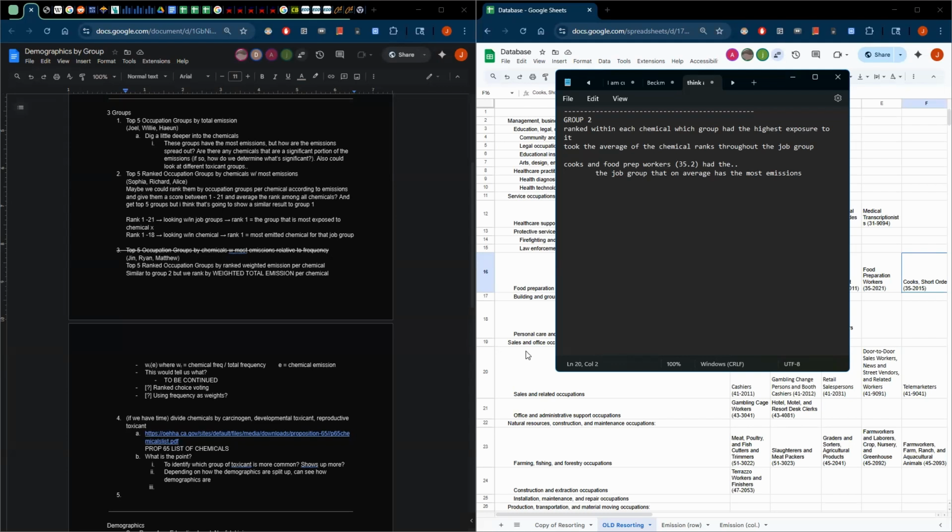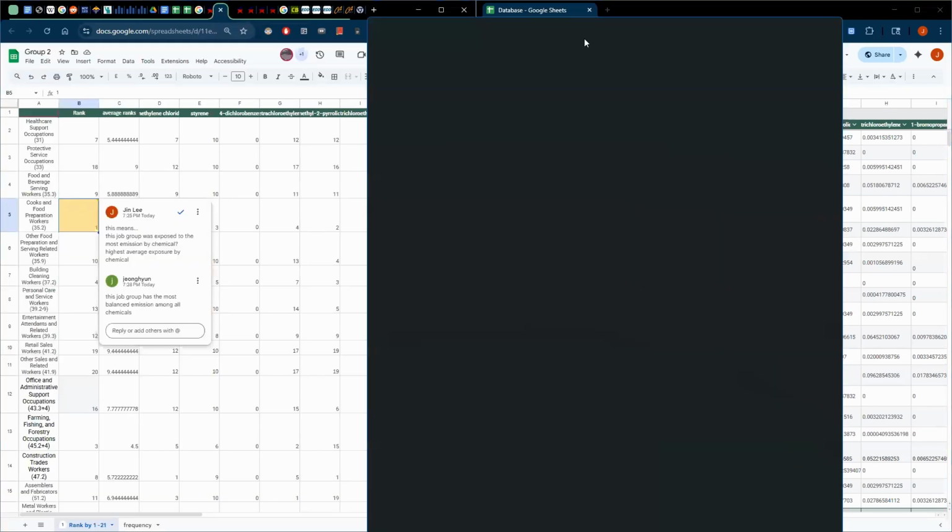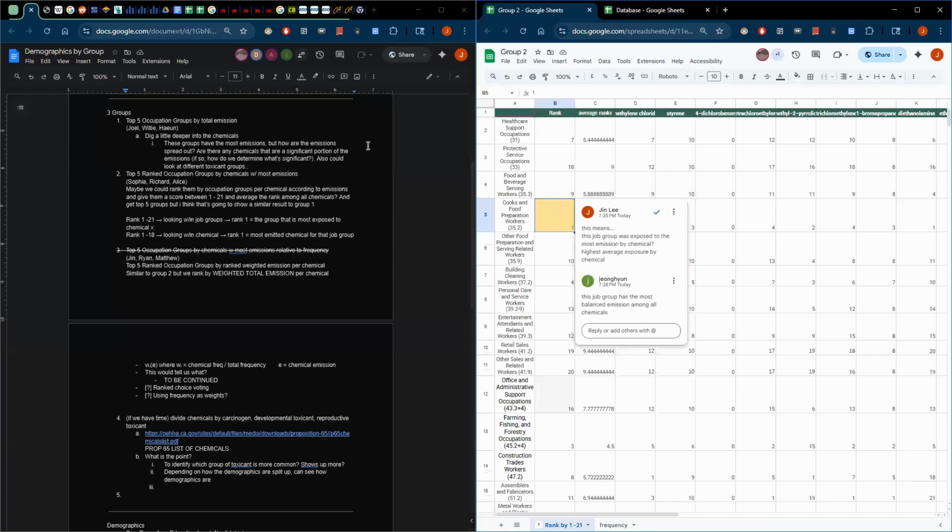You could also count to see if one job is most of the time in the highest five ranks, and then say construction workers are consistently in the top five most exposed categories. That might be an easier way of saying it than the highest average exposure.